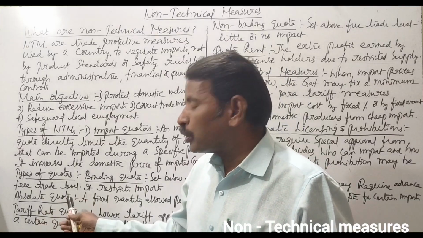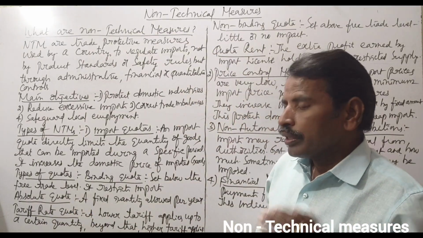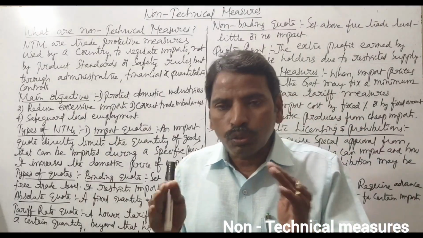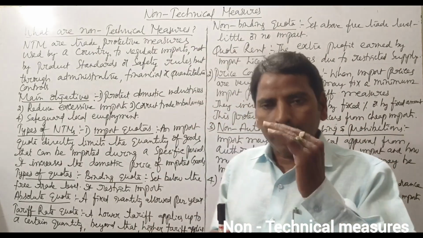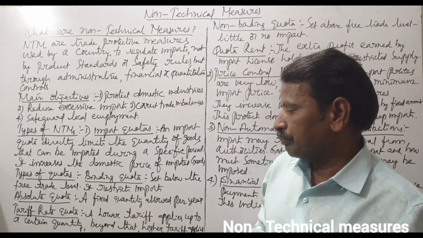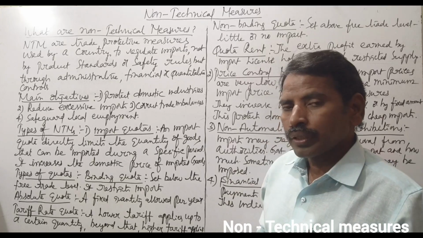Second one is absolute quota. Absolute quota means a fixed quantity allowed per year. Third one is tariff rate quota.